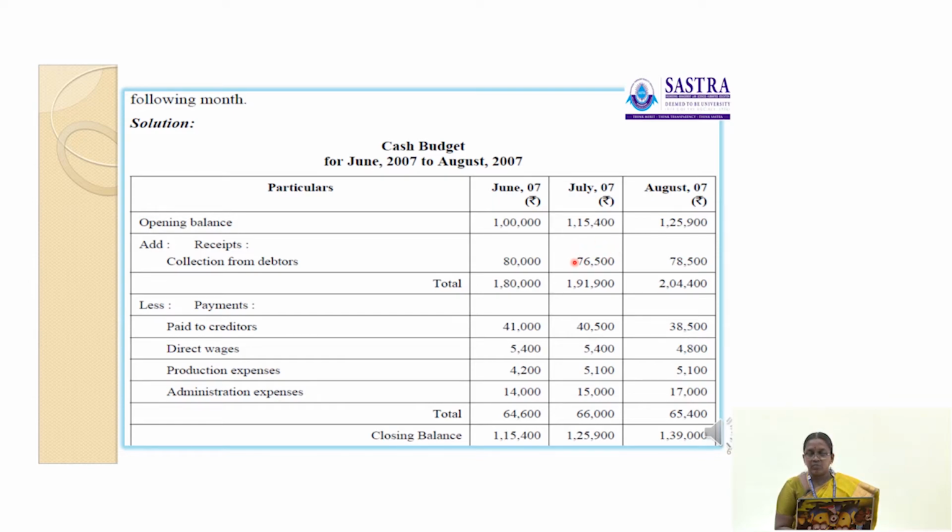Then June sales of 78,500 are received in the month of August 2007. So add cash receipts. We get the cash from debtors: April sales of 80,000 are received in the month of June, in the month of July 76,500, in the month of August 78,500.